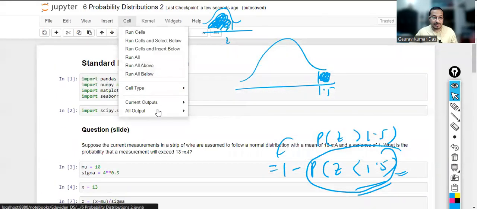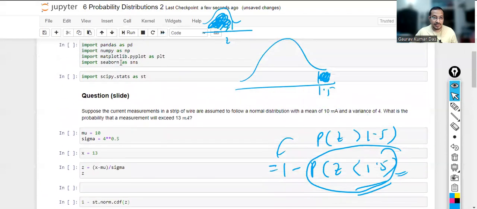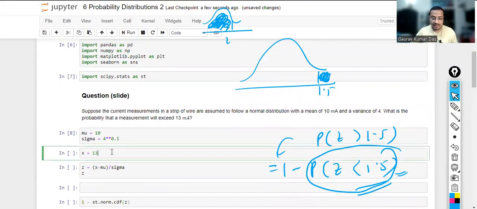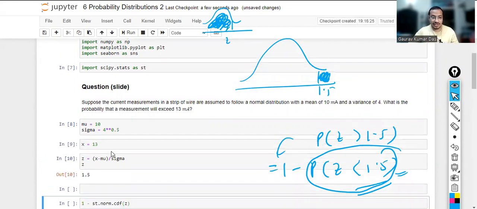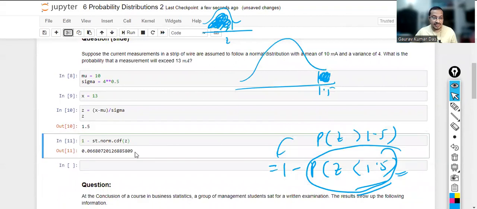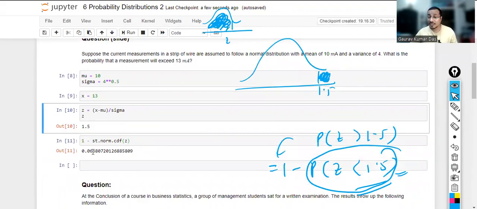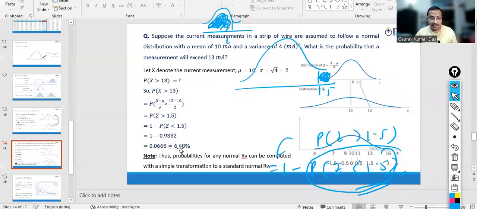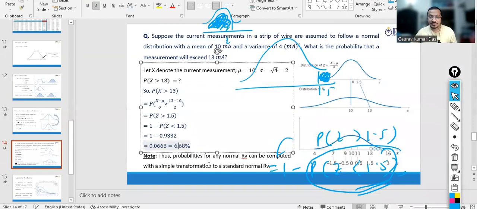Let me just quickly import the necessary libraries and fill in the values of mu and sigma. So now my answer will be 0.06, or 6.6%. So if you look at the answer, it's 6.6%.